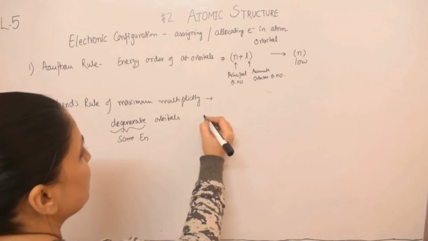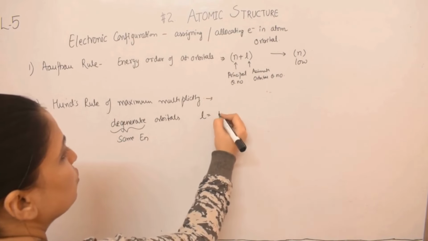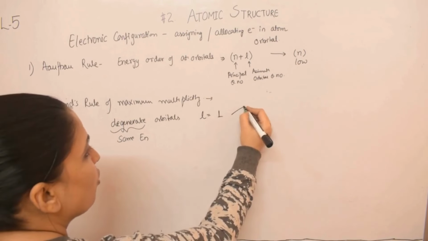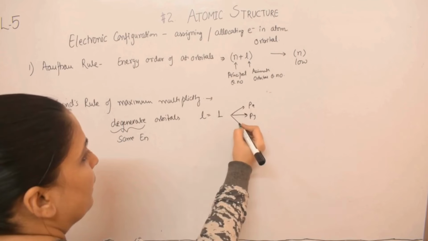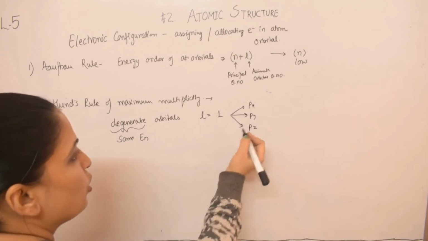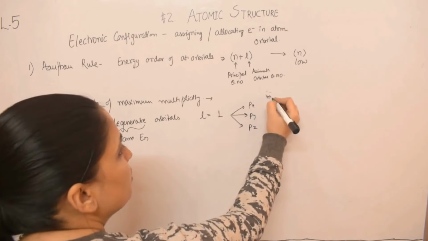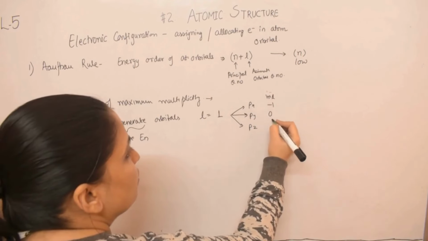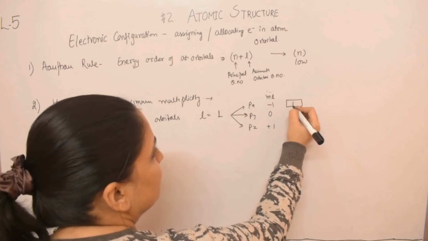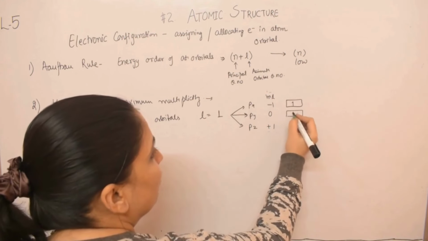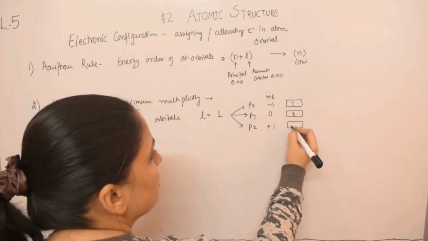So suppose we are talking about l equals 1. So we have 3 orbitals, Px, Py and Pz. This is also represented by ml values, which are -1, 0 and +1. So if this is an orbital, each one will have one electron first.